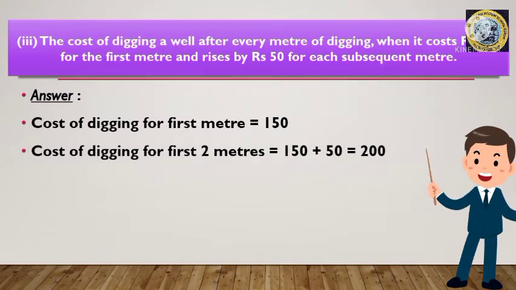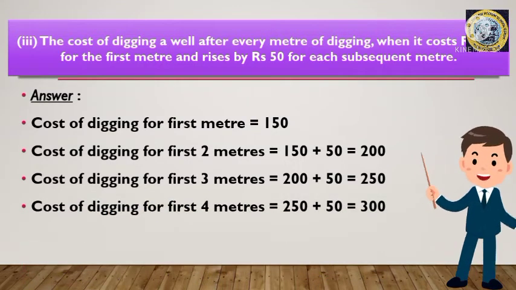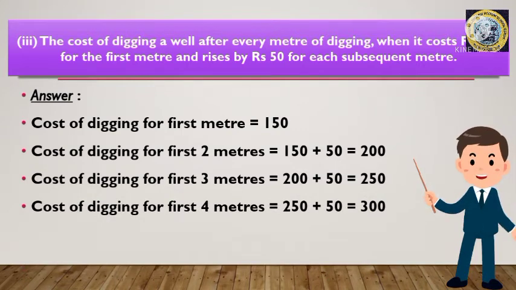Cost of digging for the first 2 meters is equal to 150 rupees plus an additional 50 rupees, which is equal to 200. Cost of digging for the first 3 meters is equal to 200 plus 50, which is equal to 250. Cost of digging for the first 4 meters is equal to 250 plus 50, which is equal to 300 rupees.